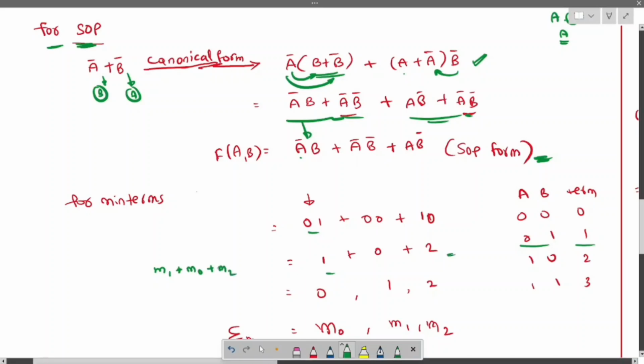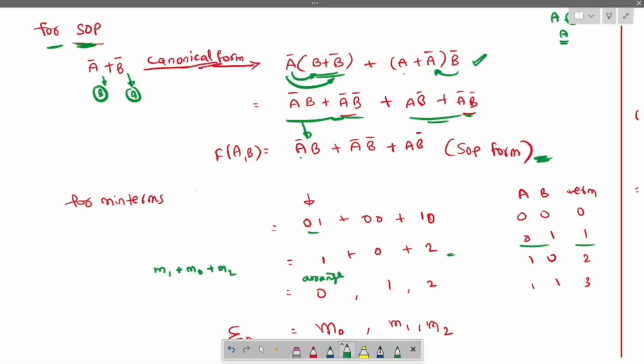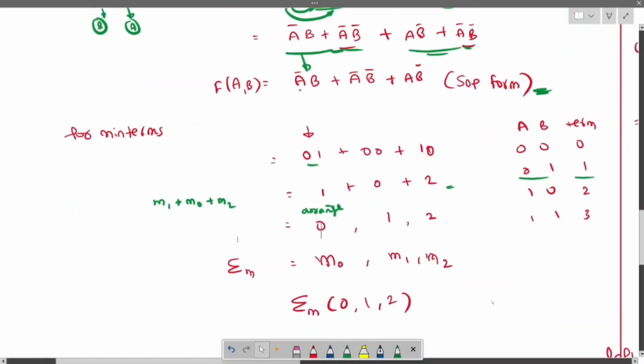I have written it in short form like 1 plus 0 plus 2, arranged in ascending order as 0 1 2. Minterms are denoted with the summation of small m, like m0, m1, m2, bracket 0 1 2. This is how we find the SOP form and minterms.